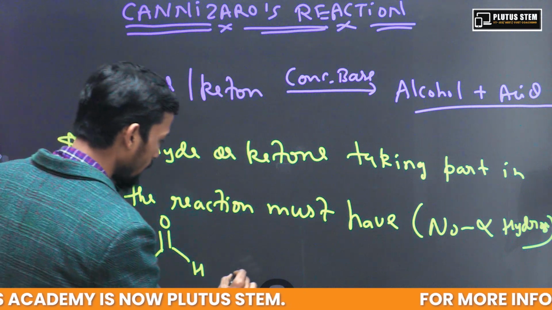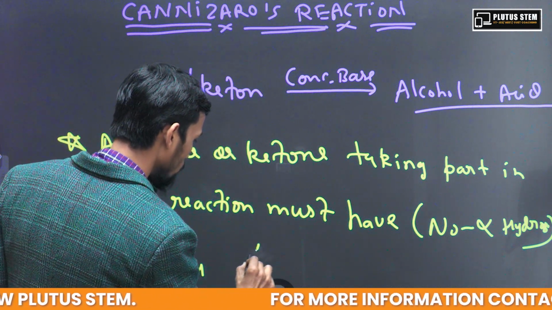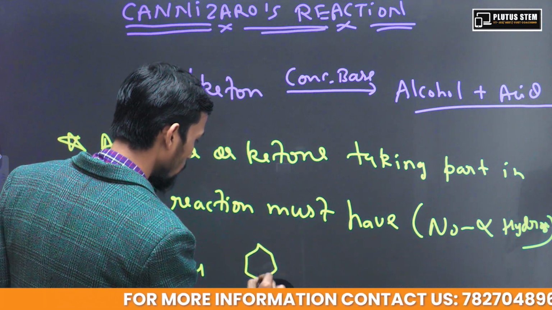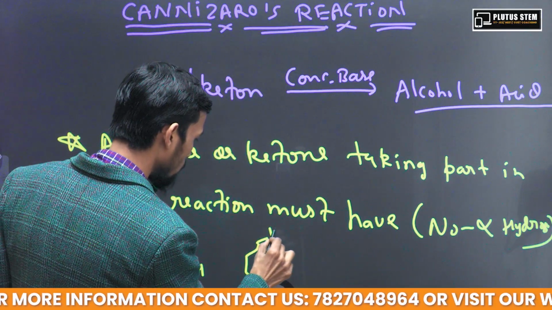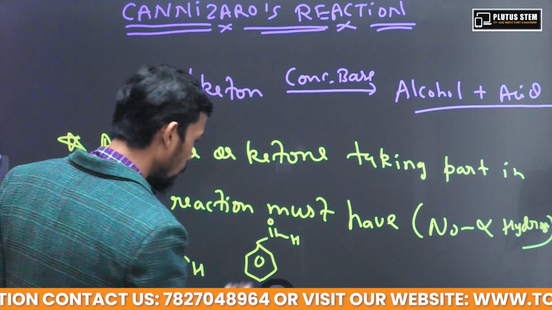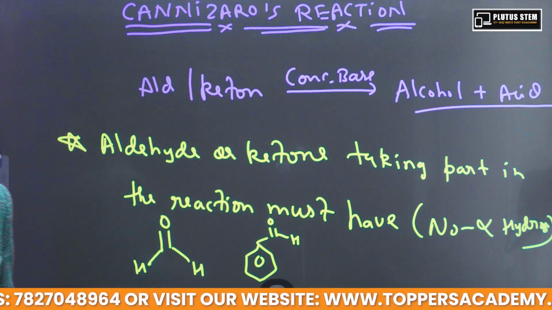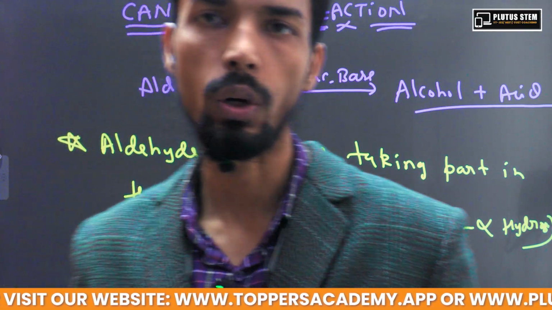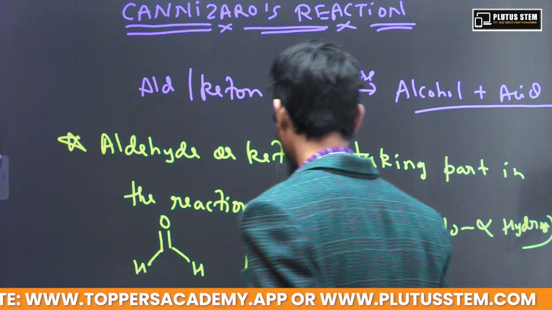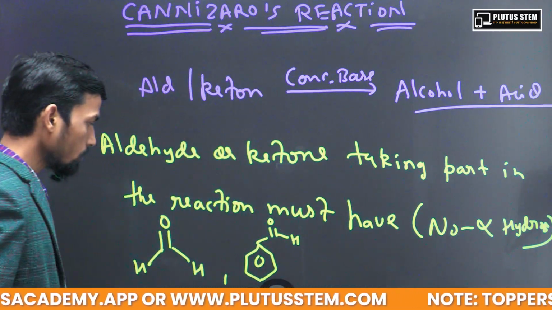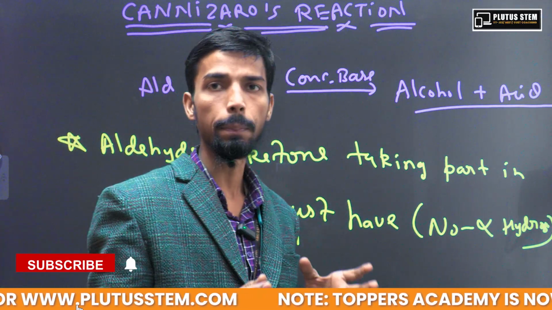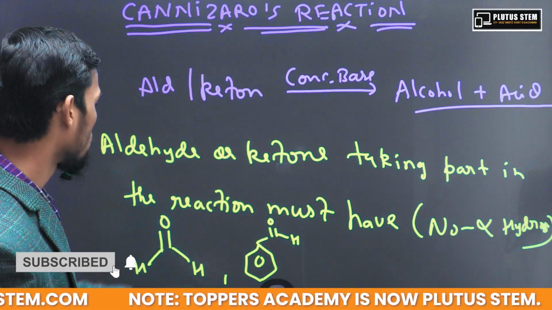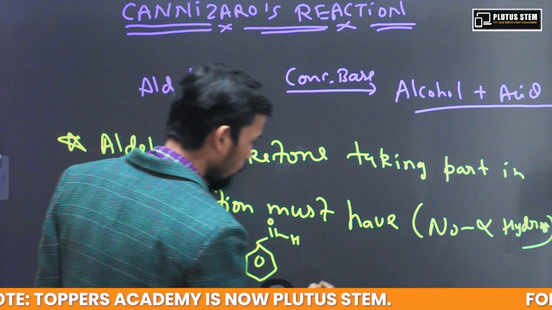Another example is C6H5CHO, benzaldehyde, which also doesn't have any alpha hydrogen. So these two are very important components of the Cannizzaro reaction.